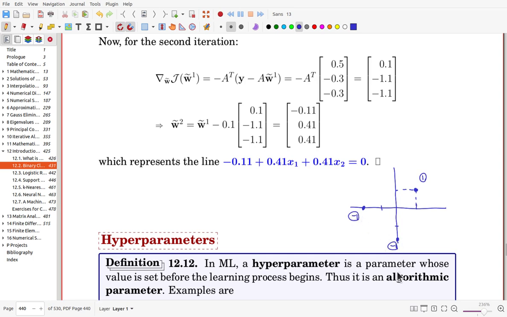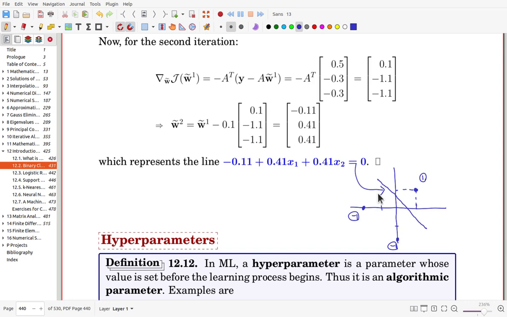And then after 2 iterations, this line can be easily visualized. Move this to the other side and divide by 0.41, that is almost a quarter. So it passes about a quarter, and now the line is like that.